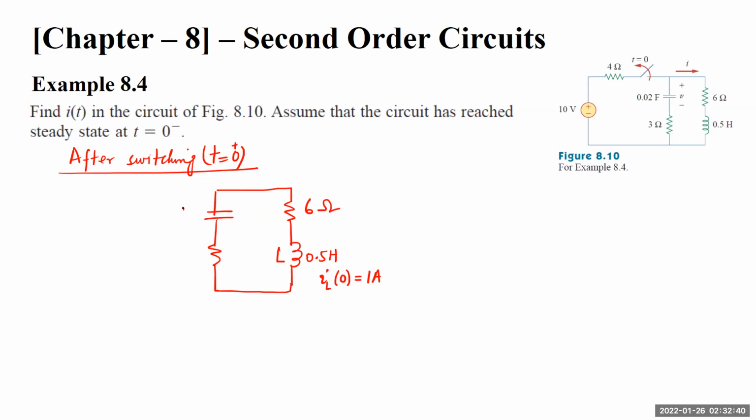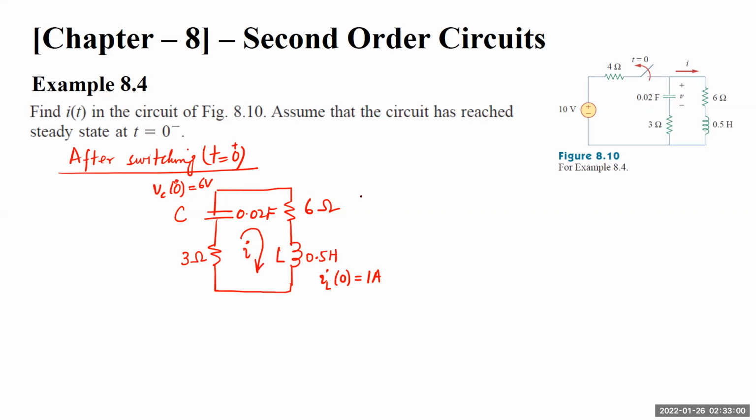This is my capacitor, 0.02 farad, and VC(0 positive) is 6 volts, and we have this resistance as 3 ohm. And we have to find out this current I.